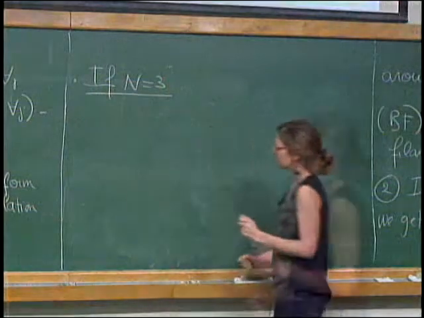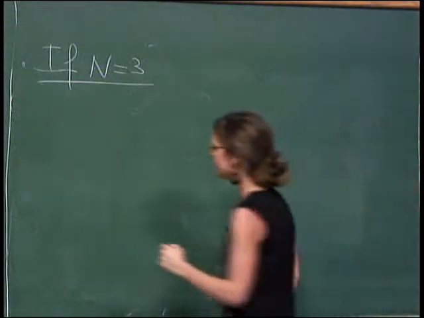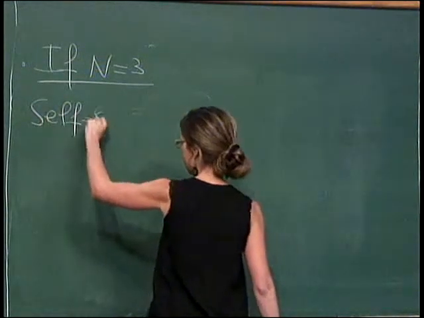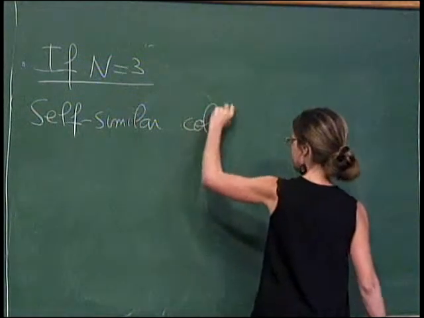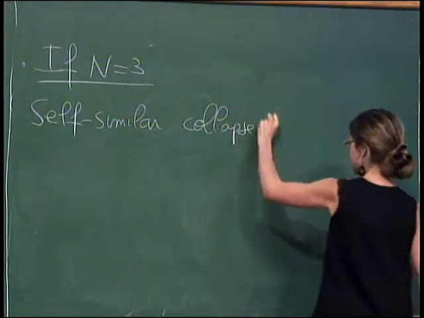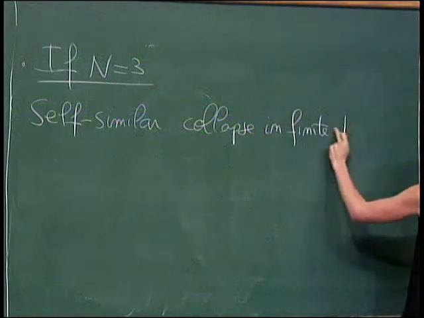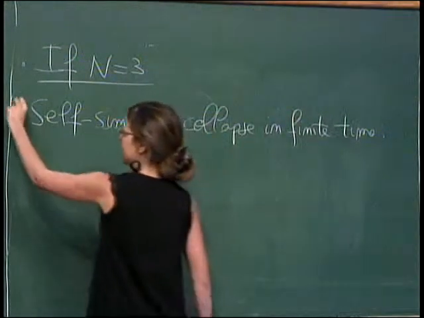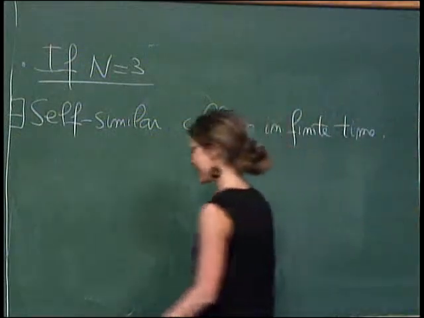And I write it down now because we will need it for the case of vortex filaments. So this is a self-similar collapse or collision. There exists a self-similar collapse. Not all of them are like this.